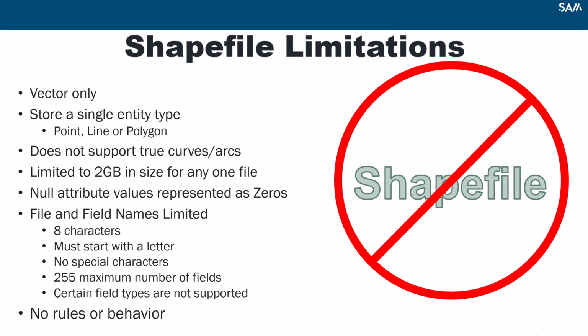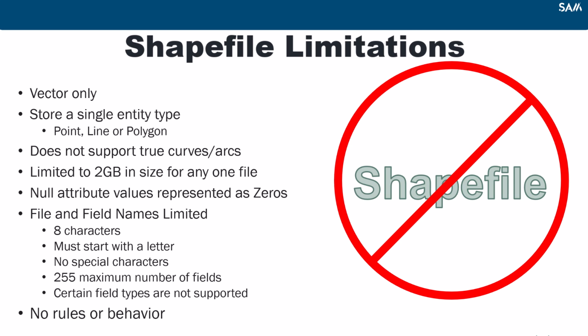We talked about limits on null values and the fact that in a shapefile you can't have a null or a blank value. It's going to fill those in with zeros. There are also limits on file names and field names. Field names and file names need to be limited to 8 characters, must start with a letter, and contain no special characters other than an underscore. 255 fields is the maximum number of fields that can be in the attribute table.